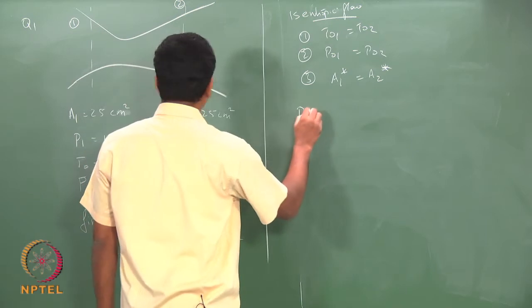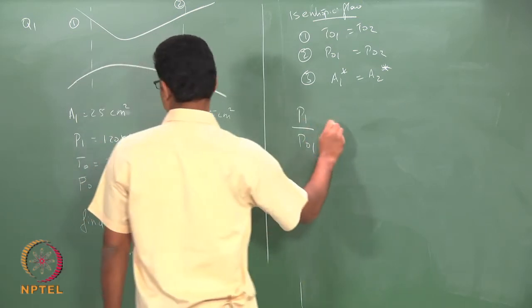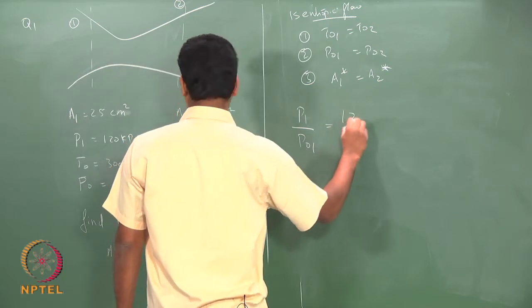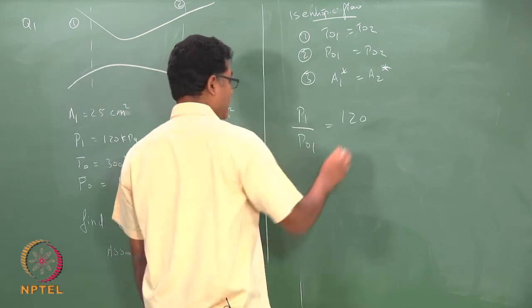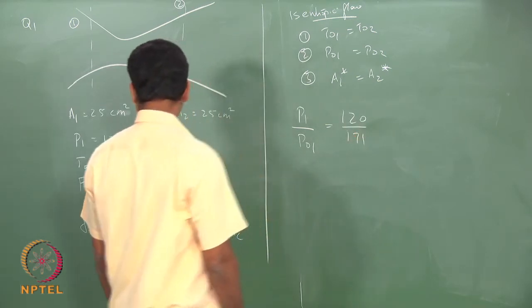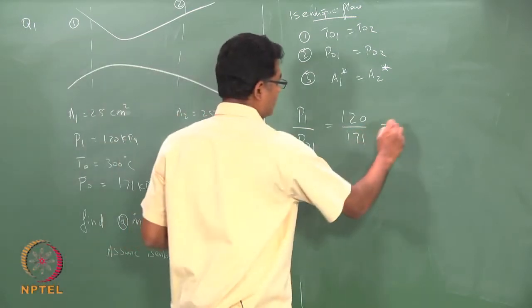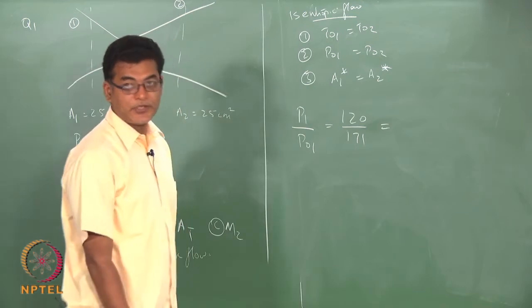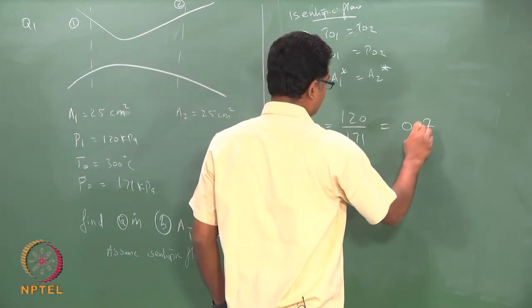So, first we have P1 by P01, which is 120 by 171, which is 0.7.